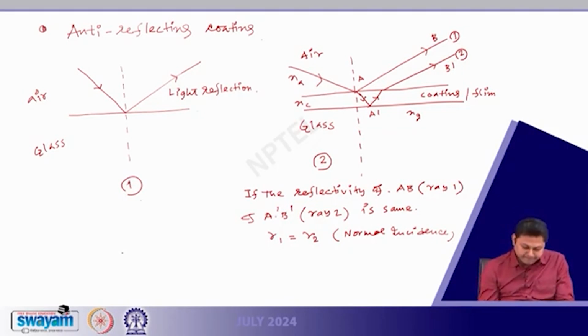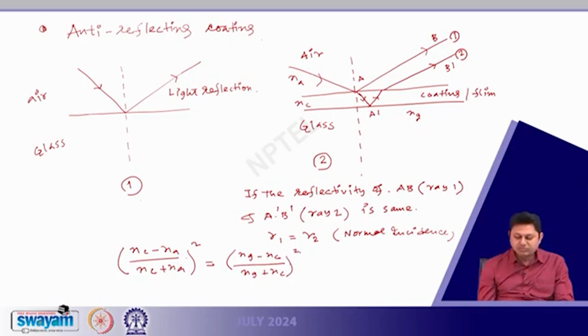So here for normal incidence we can write (NC minus NA) divided by (NC plus NA) is equal to (NG minus NC) divided by (NG plus NC), whole square of that.